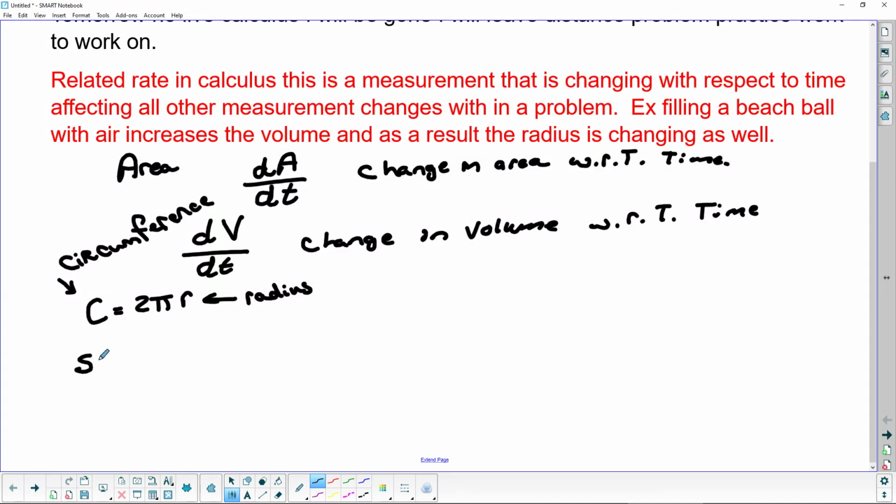That's 4 pi r squared. Still got the same radius. This is surface area.